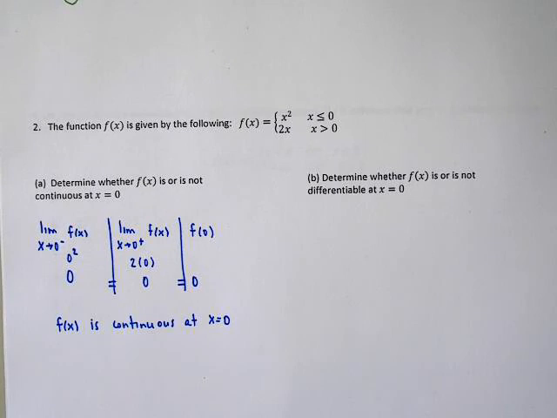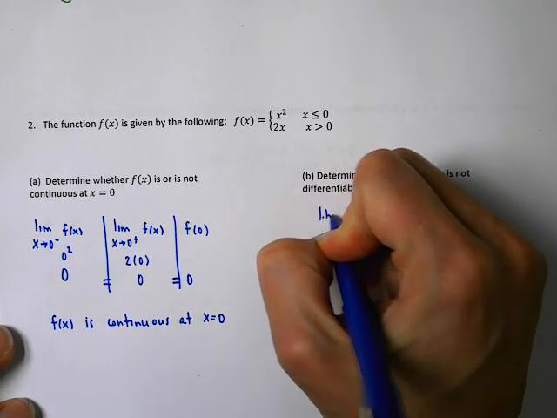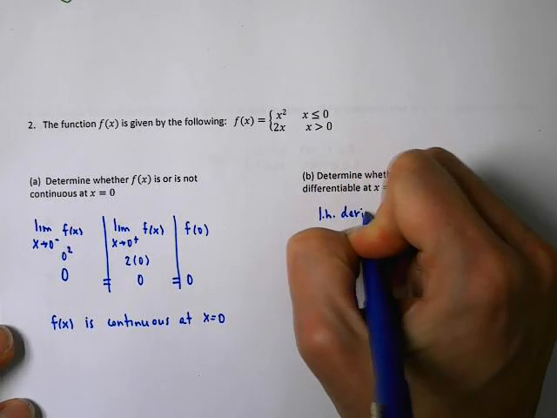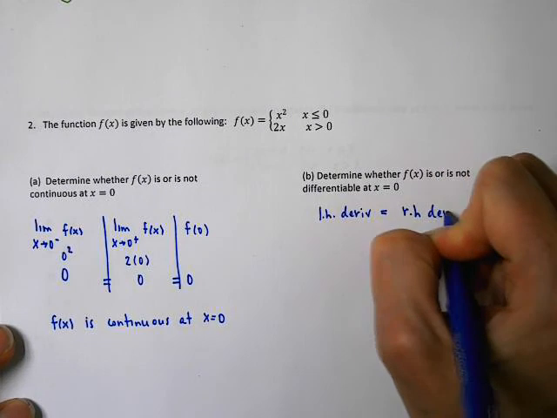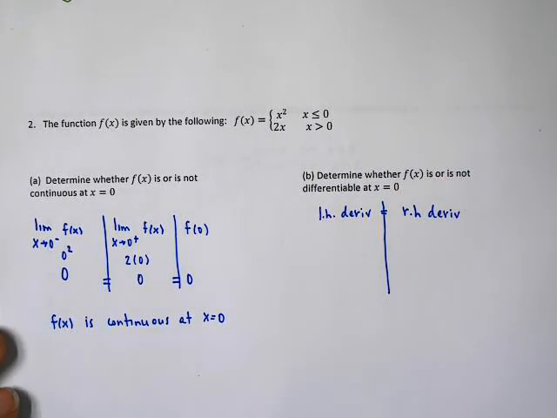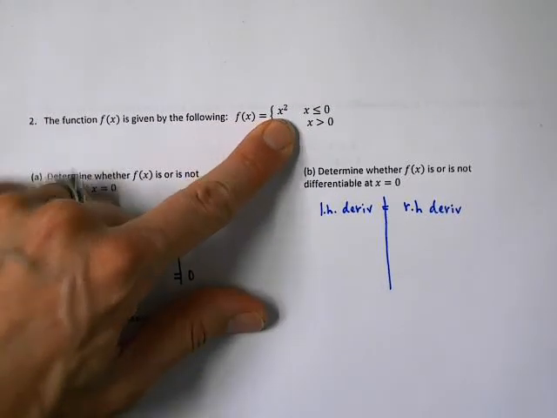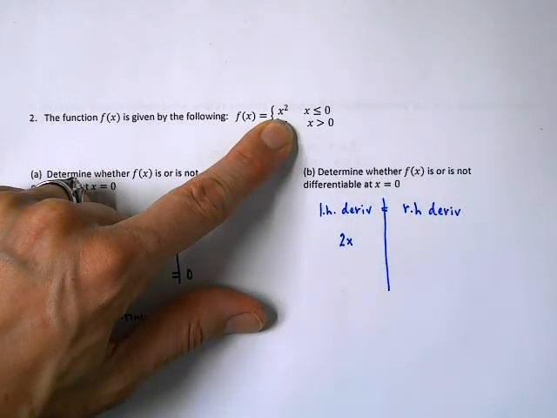Now, the next part is going to ask us whether or not it's differentiable. We said to be differentiable, the derivative has to exist, which means the left-hand derivative is equal to the right-hand derivative. That's what we're checking for. So for the left side here, my function is x squared, which means my derivative is 2x.